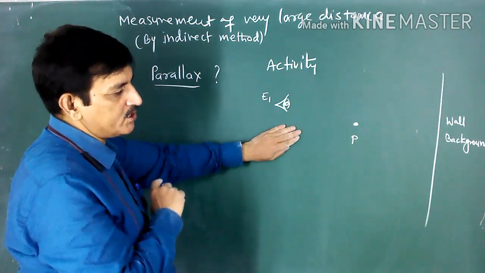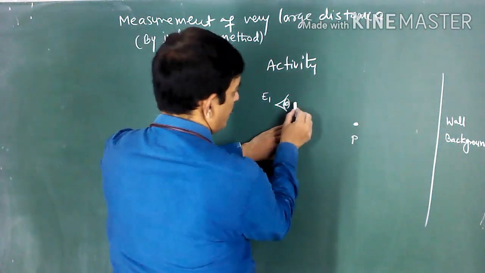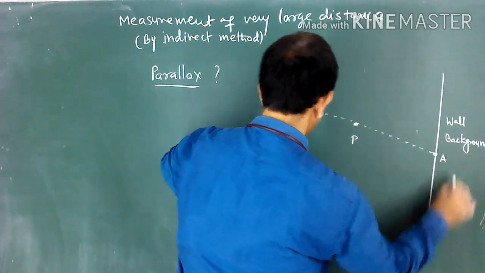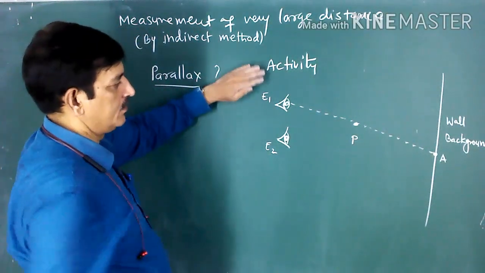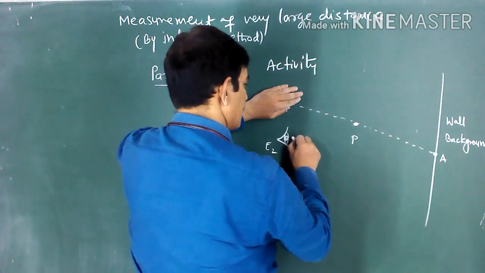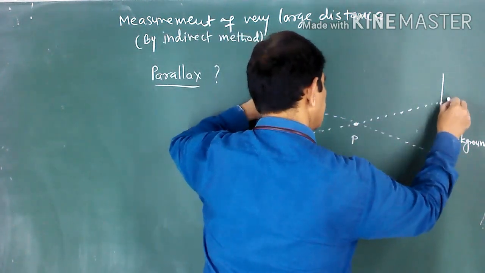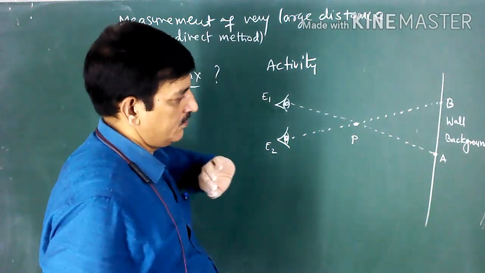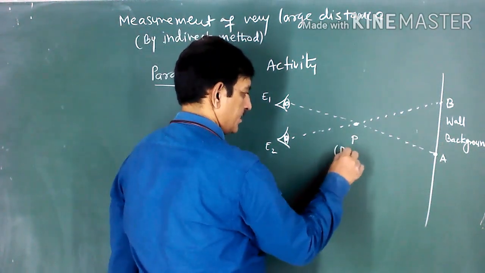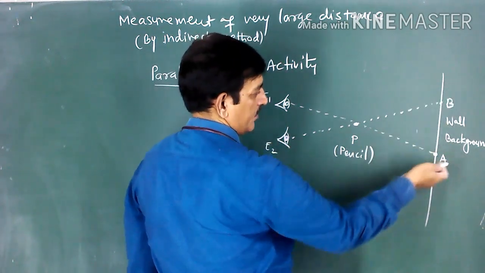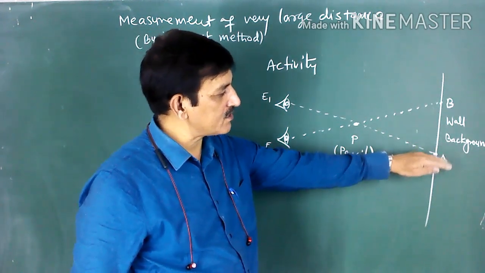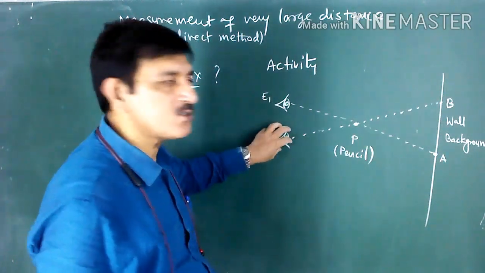You will see the pencil's projection here, at position A. If you shut your eye E1 and see the pencil using your eye E2, you will see it at another location, at B. So the projection of the pencil on the background is changed if we change the position of observation.